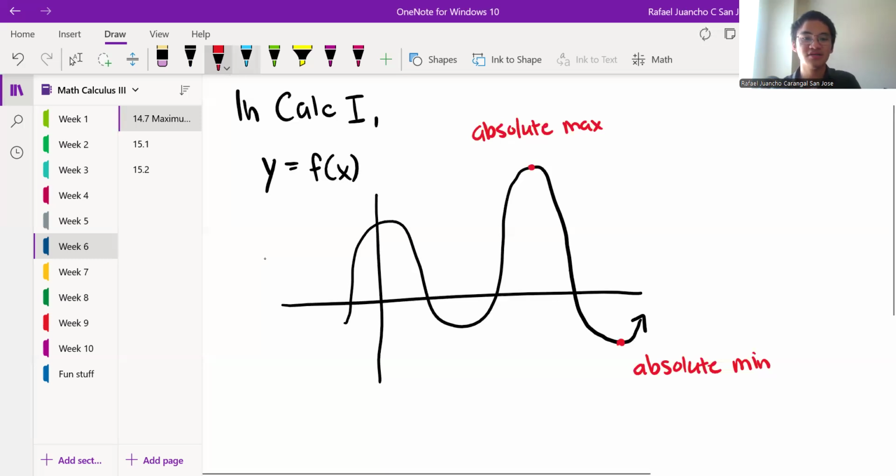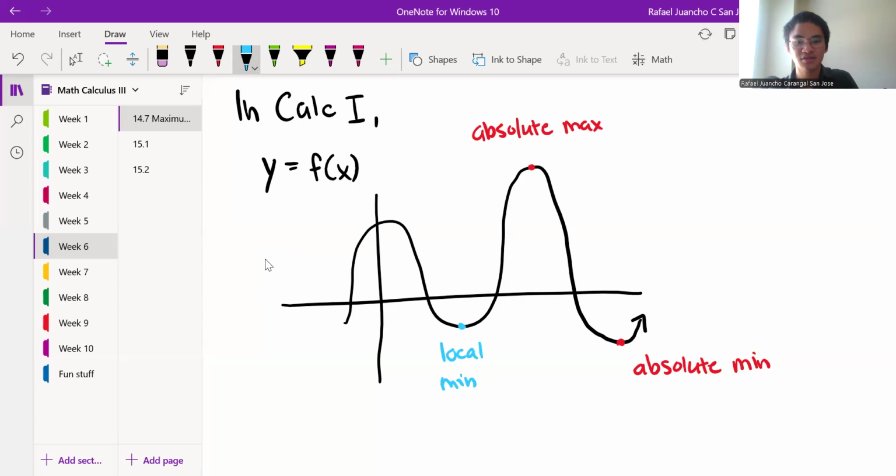And we also have this idea called a local minimum and a local maximum. This is one of those local minimums. This is a local maximum. Now, fun fact, this is also a local max, and this is also a local min.